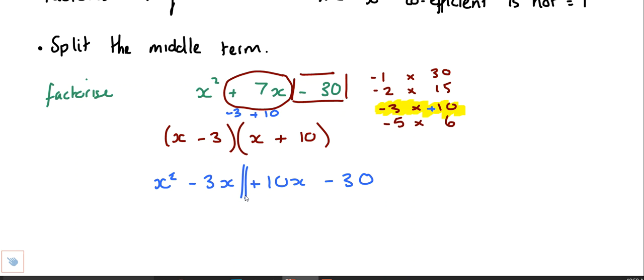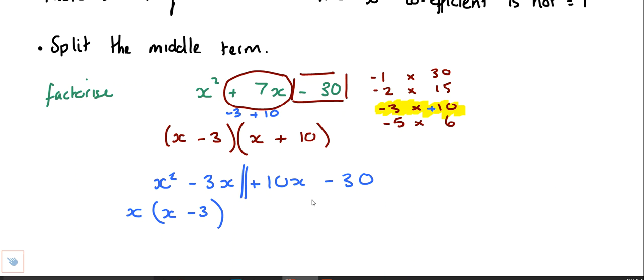Do you remember when we were factorising at the start, we can group some together, take a factor out, and then a different factor out of the other half? Well, we can do the same thing here. So I can now factorise this half, and it becomes x times x minus 3. So I've factorised just that half.